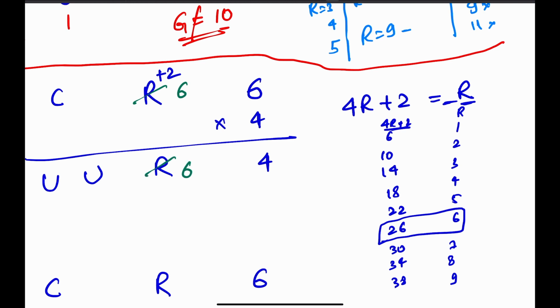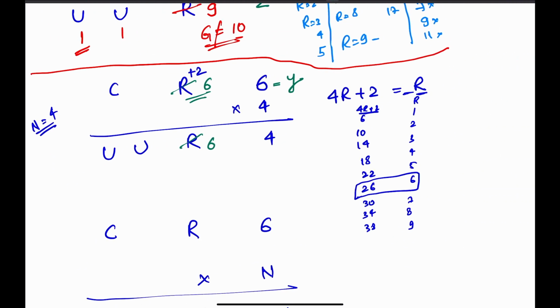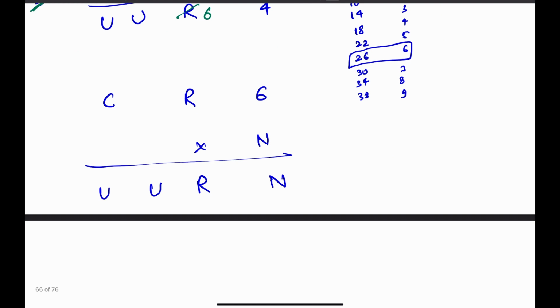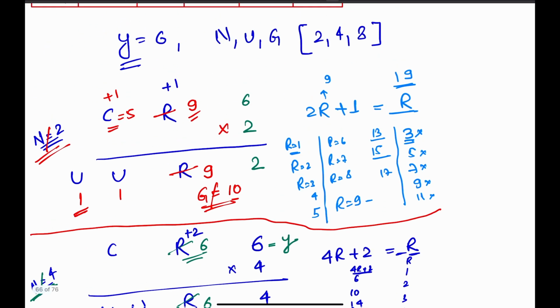So again one thing, if I take r as 6, my y is already 6. This is not possible too, because they are distinct. So my n equal to 4 is also a wrong possibility. So my last possibility is this value: n value could be 2 is not possible, 4 is not possible.